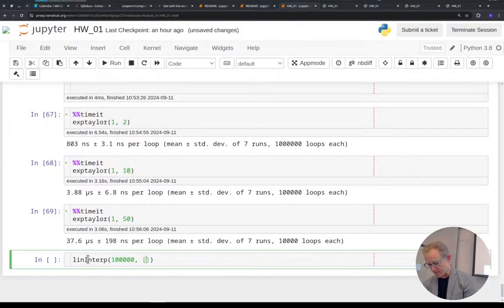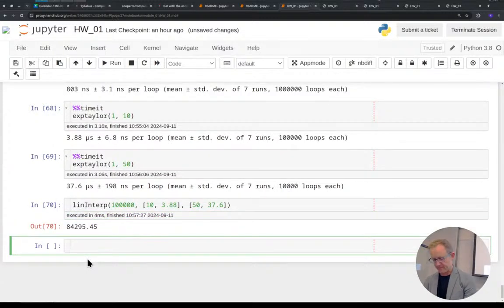My first data point could be 10 and 3.88 microseconds. And my second data point would be like 50 and 37.6 microseconds. And now I get that 100,000 should take around 84 seconds, something like that.